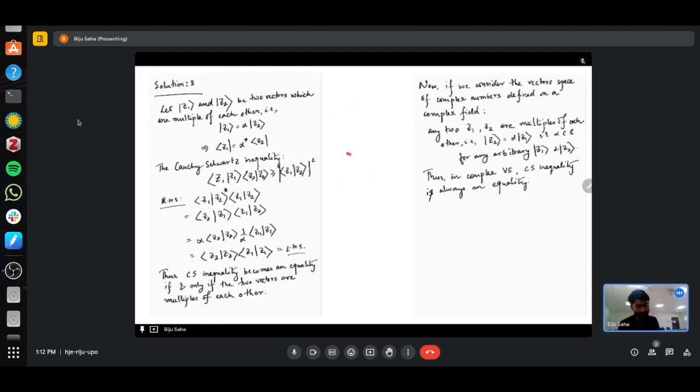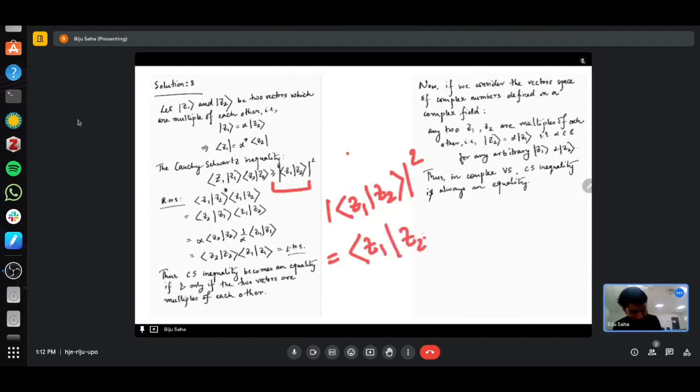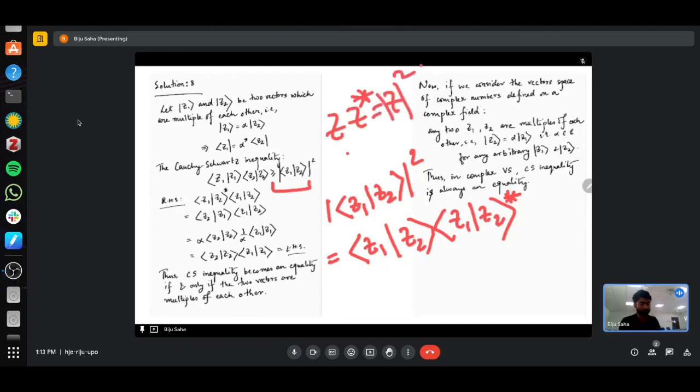Let us first start from the RHS. The RHS is nothing but this. This is like the square of the modulus: multiplying a complex number with its conjugate is equal to the square of the modulus. So I have just expressed the RHS separately here.